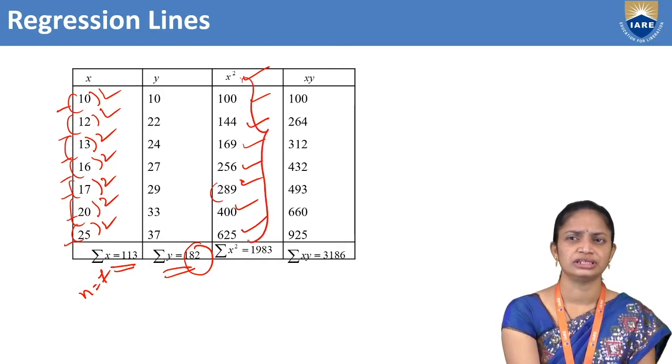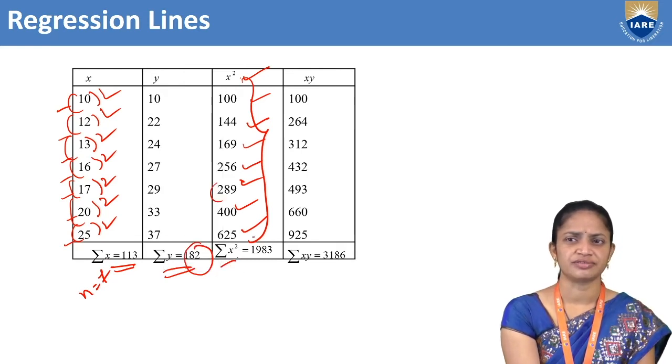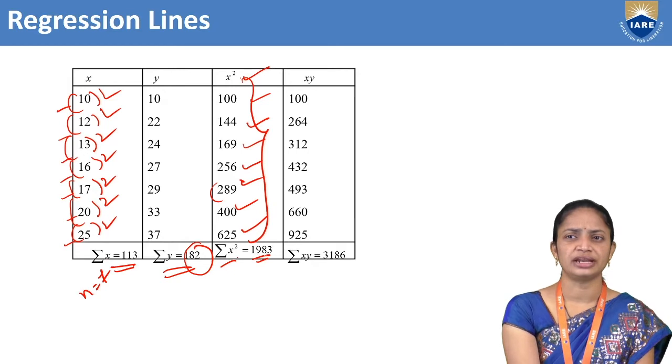Add all these values: 100 plus 144 plus 169 plus 256 plus 289 plus 400 plus 625. So summation x square equal to the sum of all these values, which is 1983.